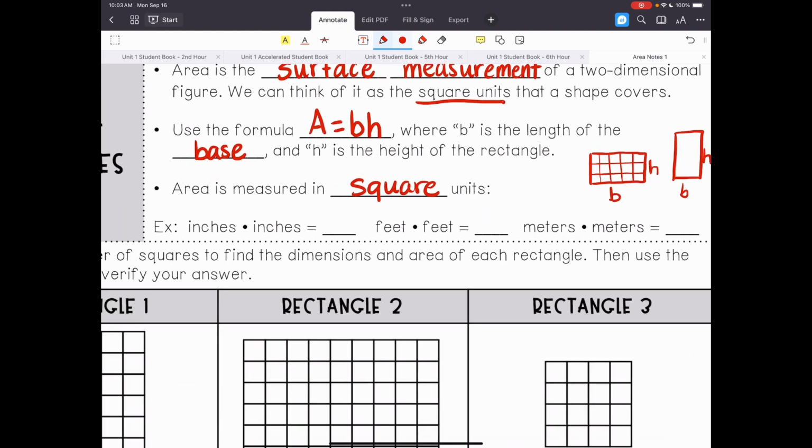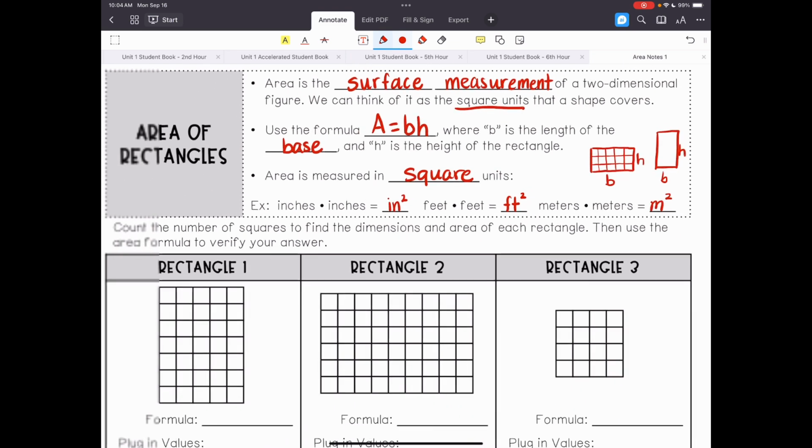If I'm multiplying inches times inches, my area is going to be inches squared. So how many squares that are 1 by 1 inch each. If I'm doing feet, it's going to be feet squared, and then meters squared. And you can actually use any of those distance measurements for area. It's just depending on how big you want your square units to be.